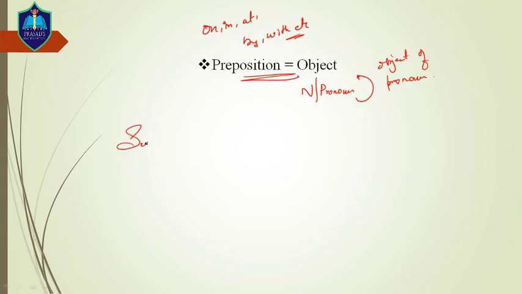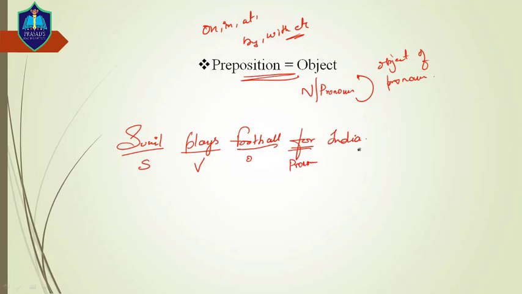Let me take one example. The same example I am taking again, so you won't be confused. Sunil plays football for India. If you observe, Sunil is the subject, plays is the verb, football is the object. And we discussed the object should be a noun or pronoun. It is a noun and it is correct, right? And one more thing is, a preposition should always be followed by a noun or pronoun, making it an object of preposition. So for is a preposition followed by India.